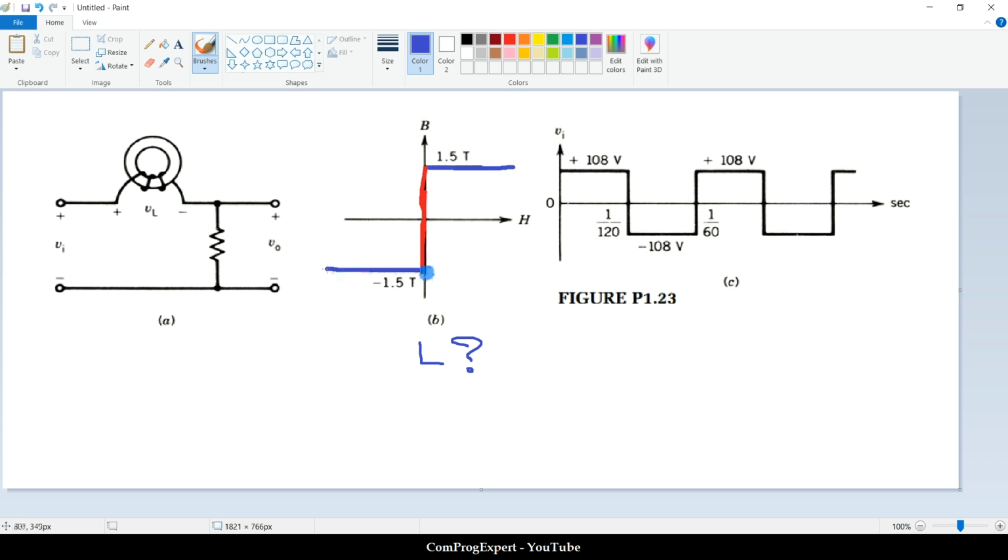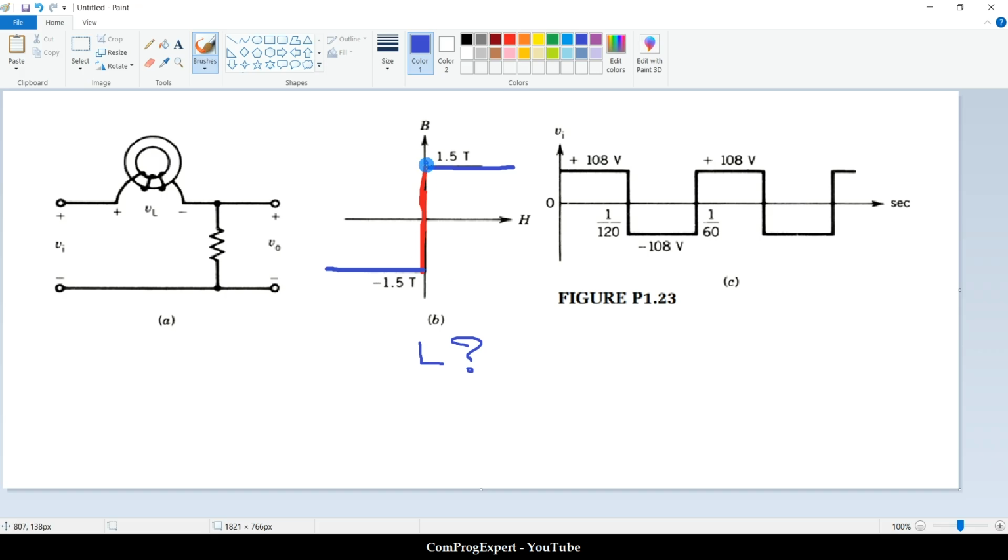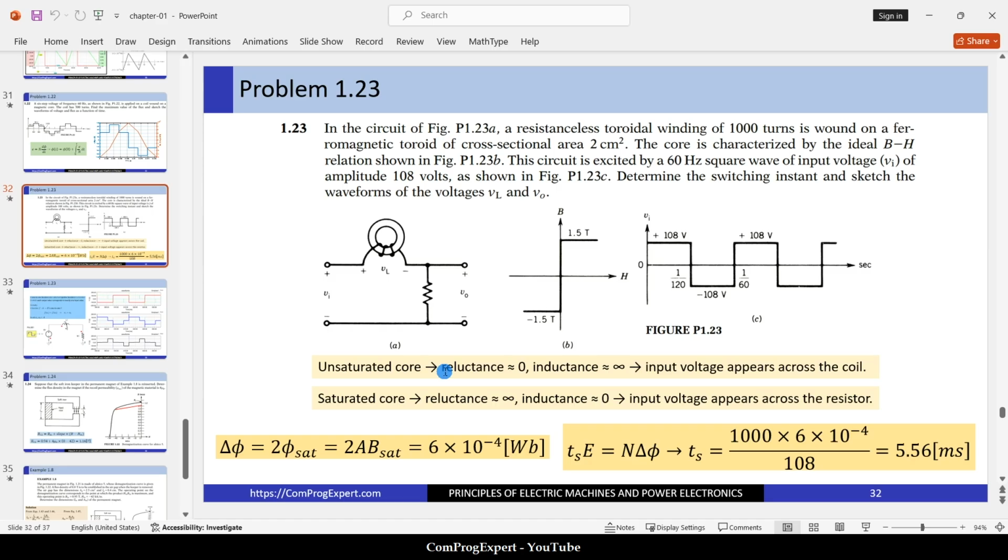So for the case that the core is not saturated, the reluctance is 0. We have infinite permeability. Yes, H is 0 and this line is parallel with the B axis. So we have infinite permeability, 0 reluctance.